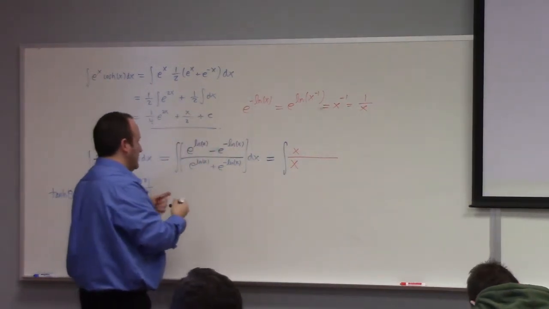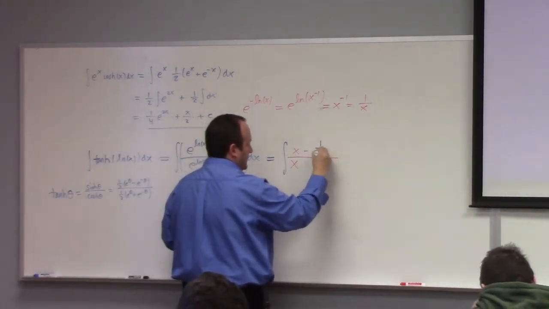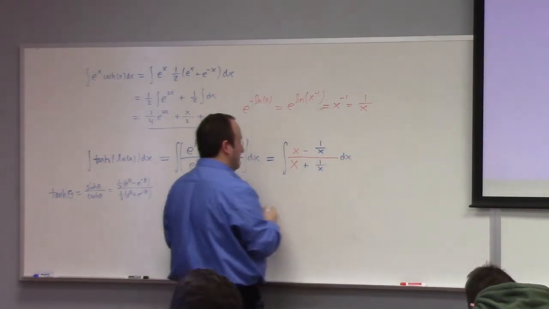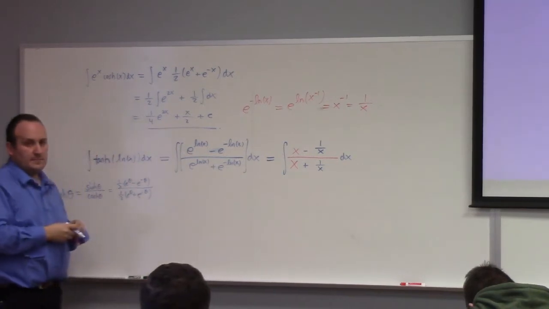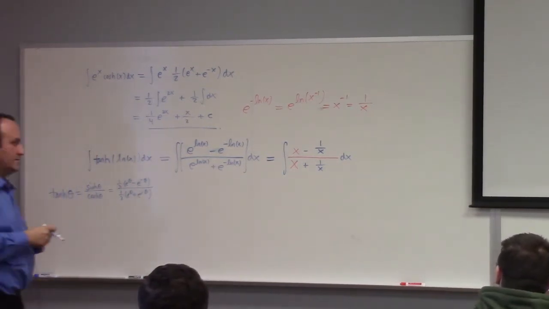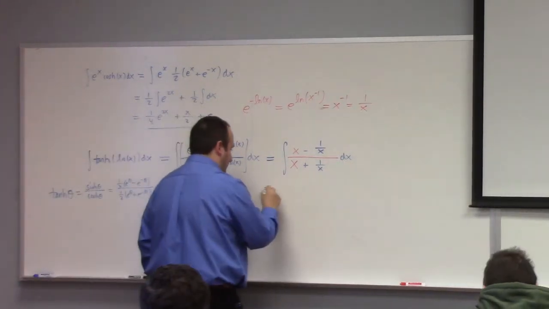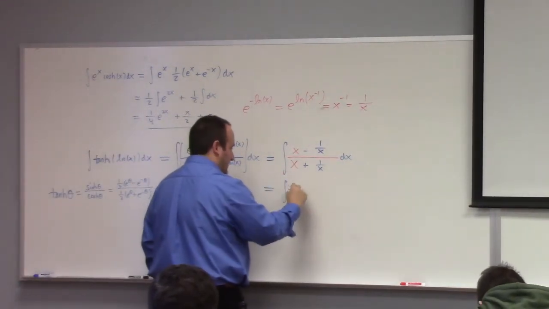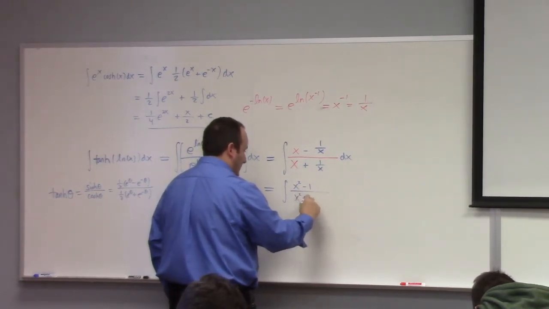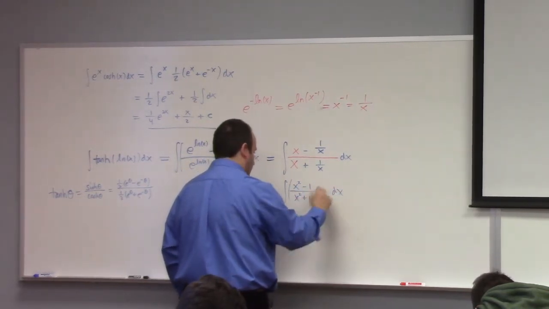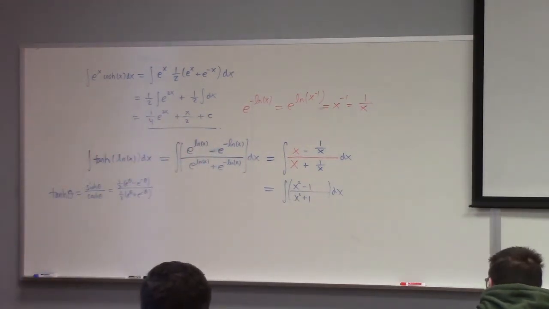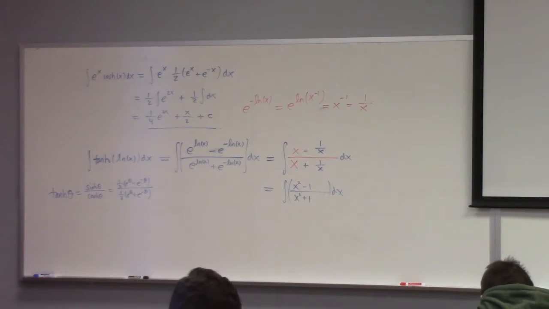So we're looking at minus 1 over x upstairs plus 1 over x downstairs dx. Can you do that integral? I'm not sure we can at the moment. To clean that up, I would multiply by x over x. It would give me x squared minus 1 over x squared plus 1 dx. Okay, fine. I can actually do this one.